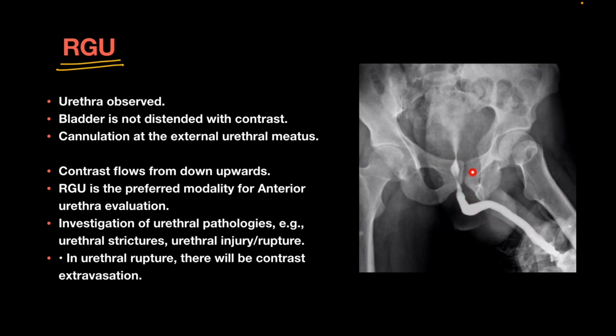This is the preferred modality for anterior urethral evaluation. Urethral pathologies, that is urethral strictures, urethral injury or rupture, can be investigated by this modality. If there is urethral rupture, there will be contrast extravasation.